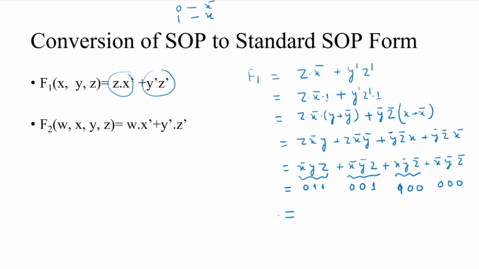We can write this function as m3, m1, m4 and m0, or in sequential order, m0 plus m1 plus m3 plus m4.